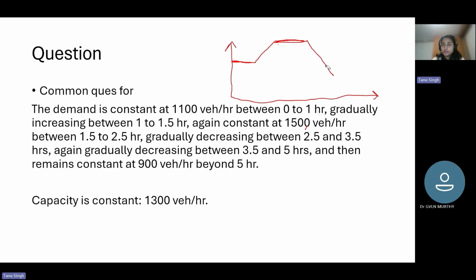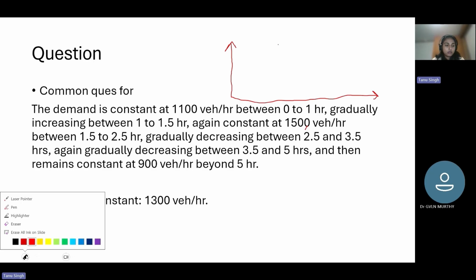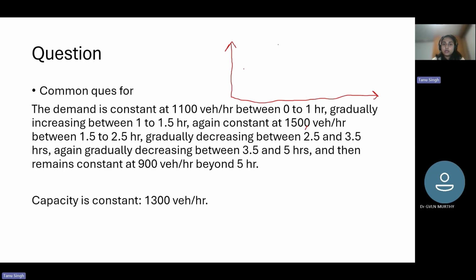So let's draw it again. First it is 1100, then it increases to 1500, then it decreases to 1000, continues till 3.5, then decreases again, and from 5 it is 900.